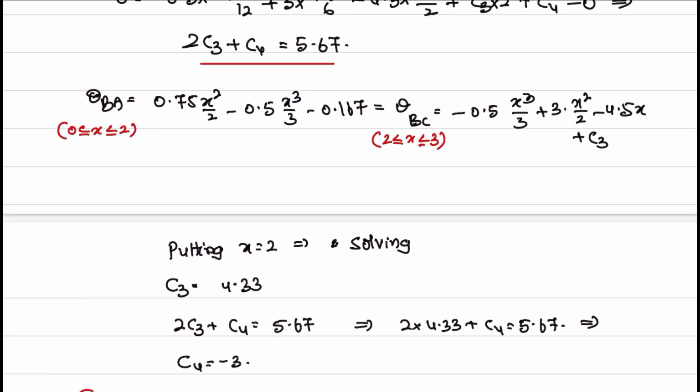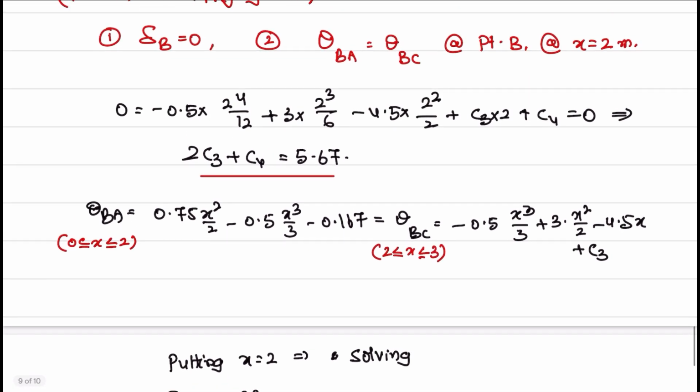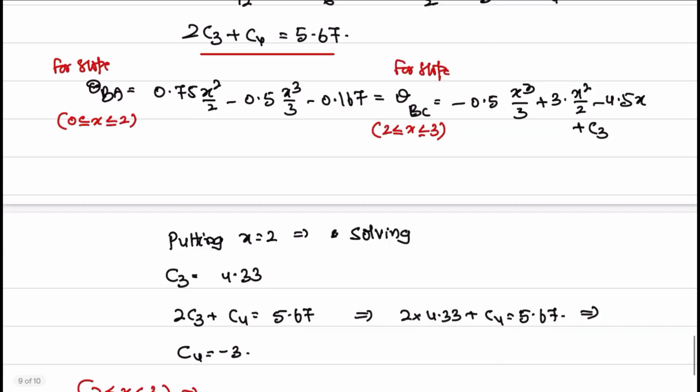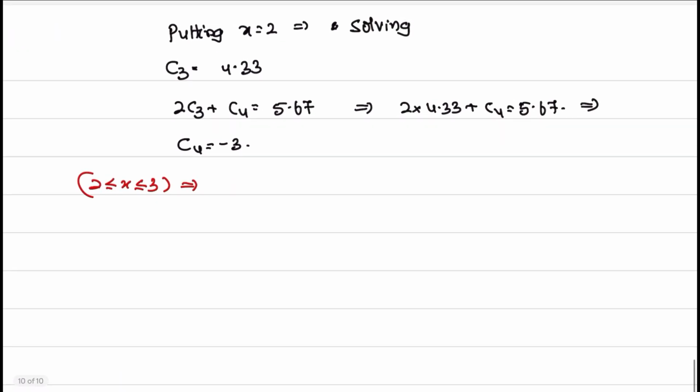this theta BA, the whole should be divided by EI. That you should know. Because EI I have not taken, because EI will get cancelled on either side for slope. Because EI is constant for the given cross section of the beam.